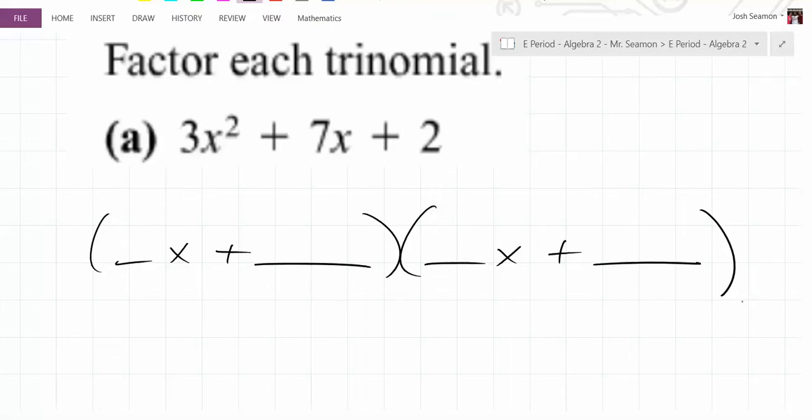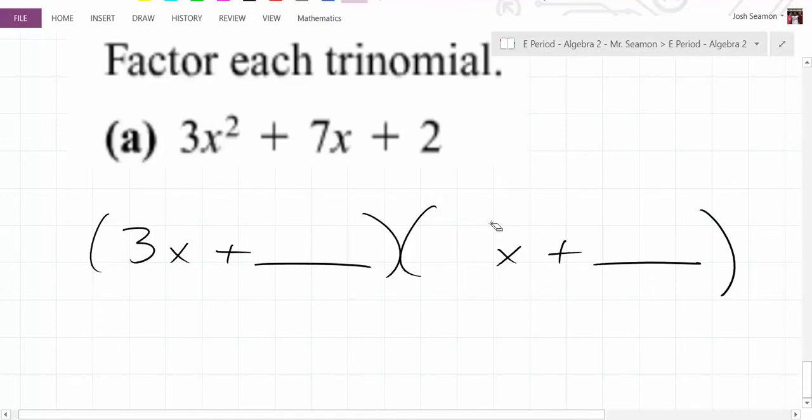How many different ways can you multiply two numbers together to get 3? 1 and 3 or 3 and 1, right? There's only one way to break it apart, really, right? That's nice. It has a small amount of factors. So let's guess. What do you think that first coefficient should be? Let's just guess 3. And what's the next one going to be? 1. The other two numbers have to multiply together to get what? 2. So how about 2 and 1?